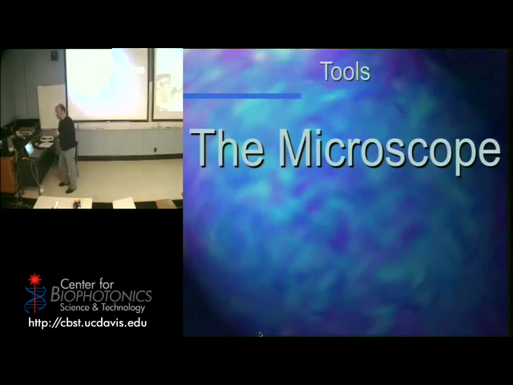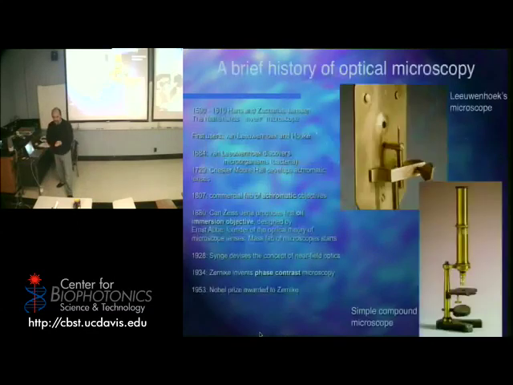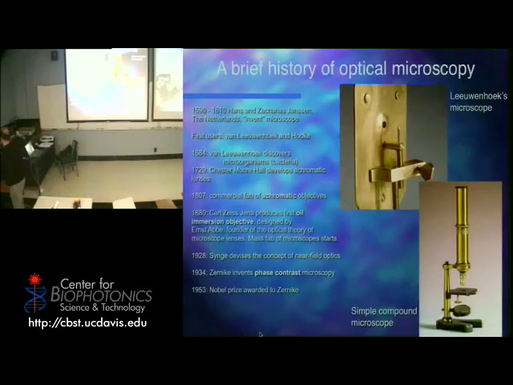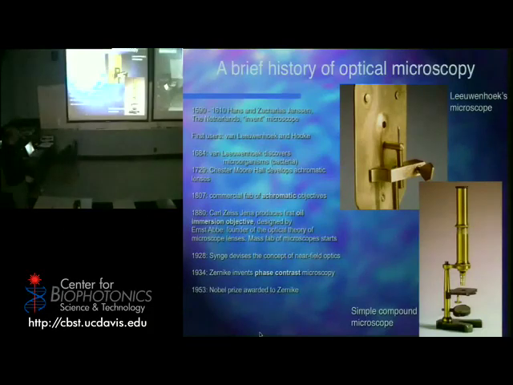Okay. Let's move on to the microscope. How many of you guys have used a microscope sometime in your life? Raise your hands. Yay, good. That's a good thing. Okay, so microscope. I'm not going to go through the long story here, but basically it's been around for a while. We're talking now about 400 plus years that it's been around.